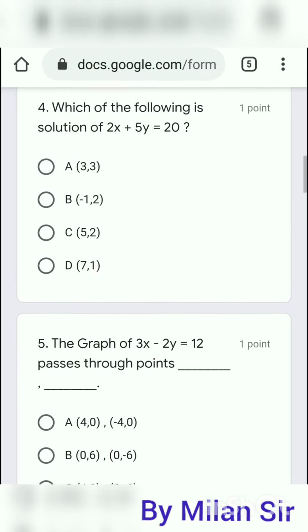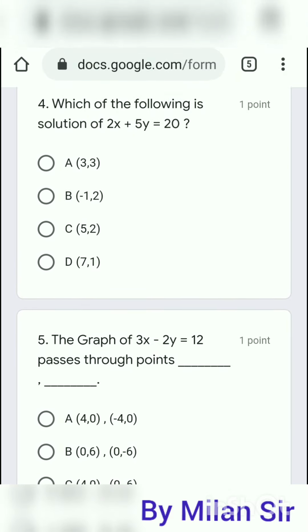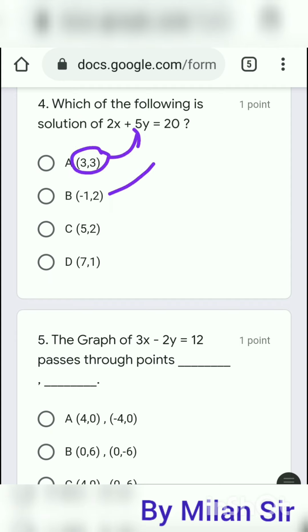After that, question number 4. Which of the following is a solution of 2x plus 5y equals 20? One by one you need to check all these values. The first value is the answer of x, and the second value is the answer of y.